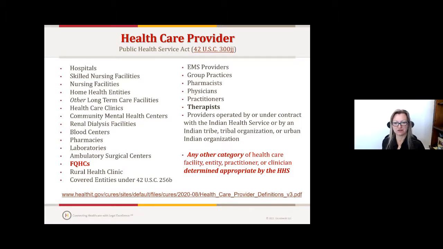So I get the question, for example, oh wait, I'm a physician and physicians are on this list, or a practitioner, but I work in a social service agency, and social service agencies are not on this list. Or I work at a publicly funded or a grant-based sort of community center that's not on this list. Now what?